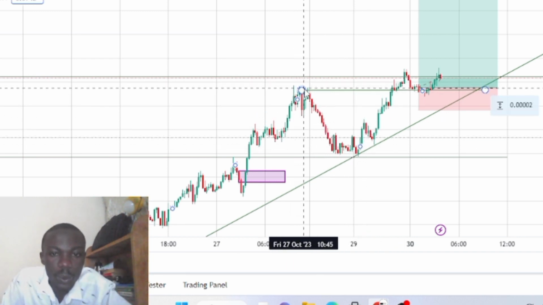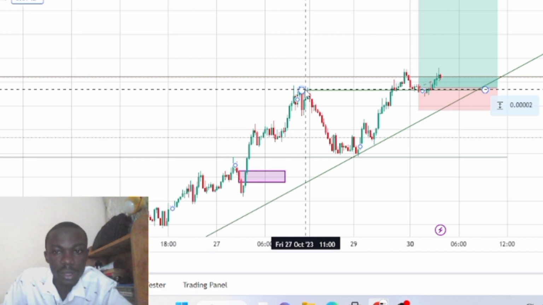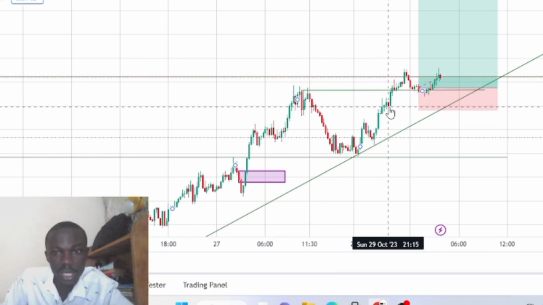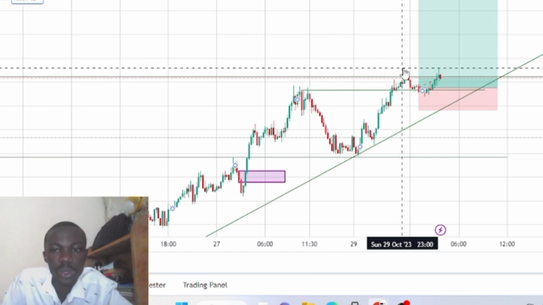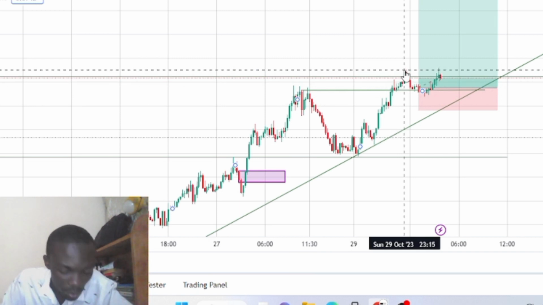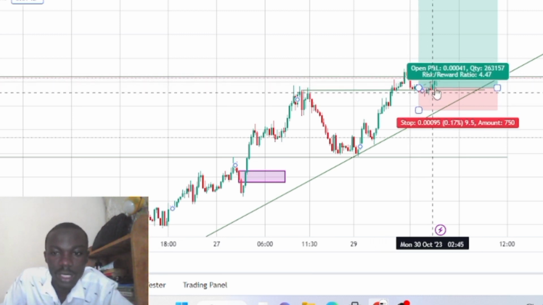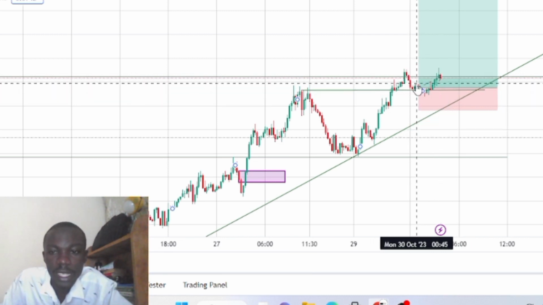When price is coming to it, we expect it to be a resistance. But in case price breaks through it, it now becomes a support. So when price comes back to retest what it has broken, that's how we enter this trade.